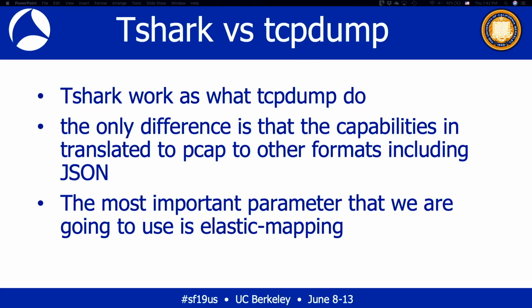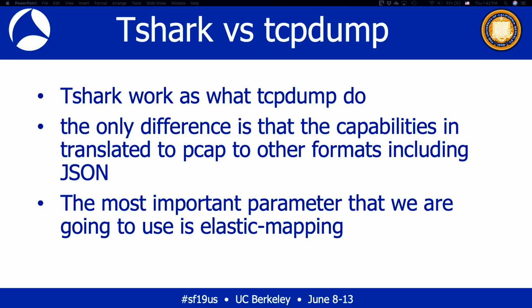So this is just the difference between Tshark and tcpdump. tcpdump, everyone is using tcpdump. Tshark works as what tcpdump does, but the only difference is the capability of Tshark to translate the pcap to other formats, including JSON.